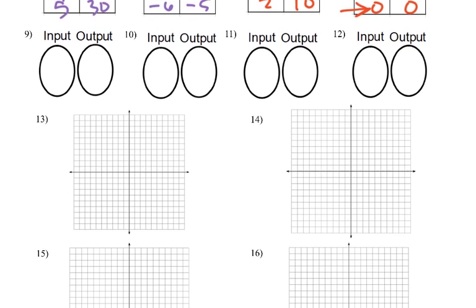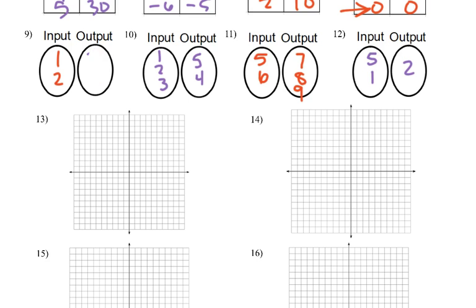Okay, now in the Venn diagram, it's a lot easier to do, right? We come up with some inputs and outputs. But really what it comes down to is how we draw the arrows.